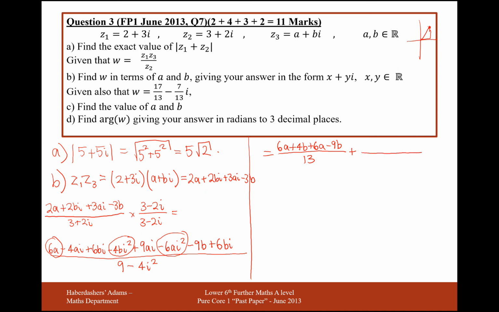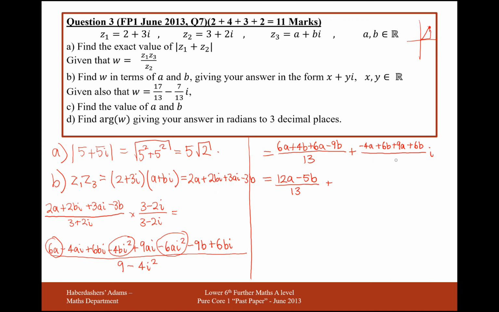Then the imaginary parts, I'll factorise the i to the right. Minus 4a plus 6b plus 9a plus 6b. And let's go ahead and simplify all of these terms. We're going to get 12a minus 5b over 13.